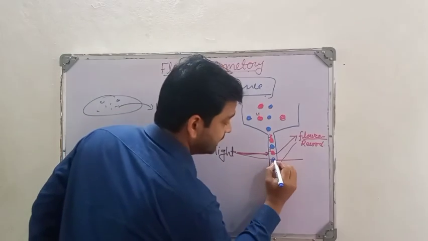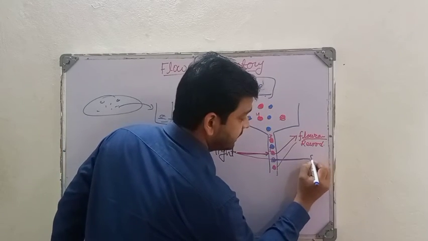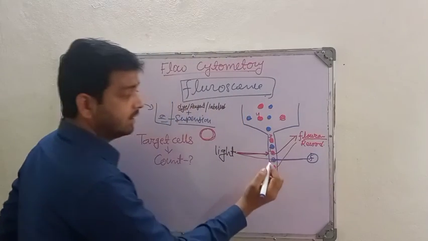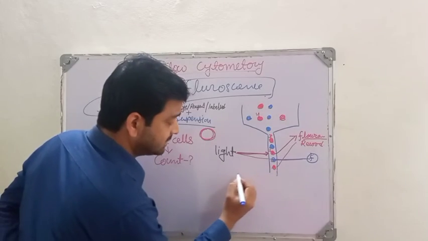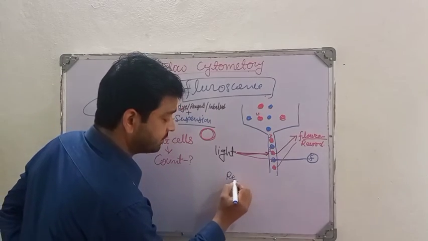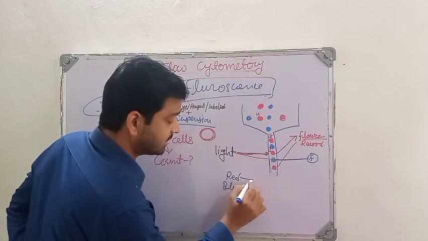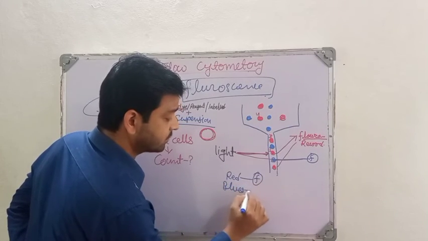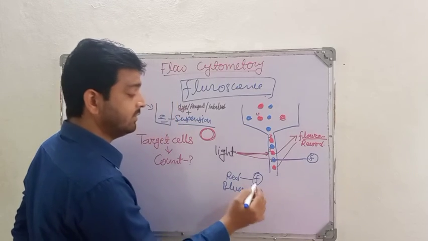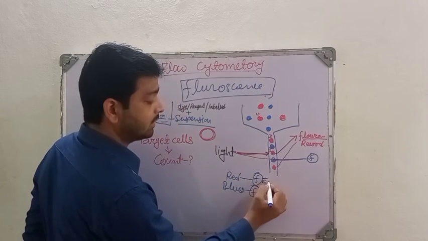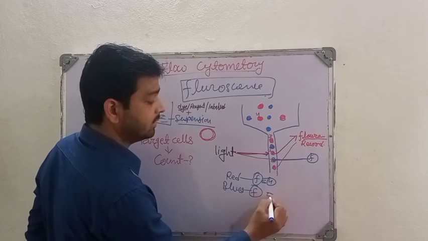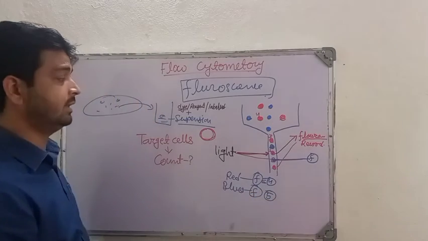So both the red cells and the blue cells give different fluorescence, and we count the number here and the number in the other cell type.